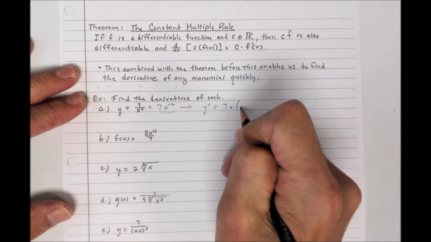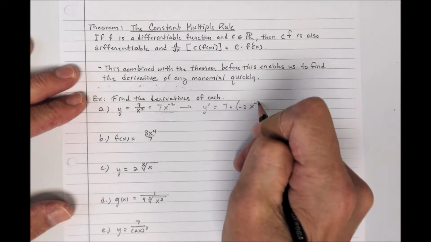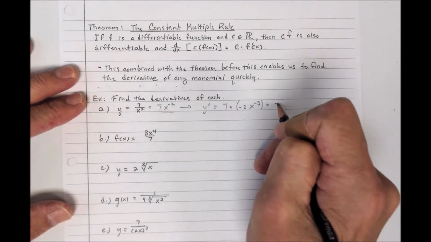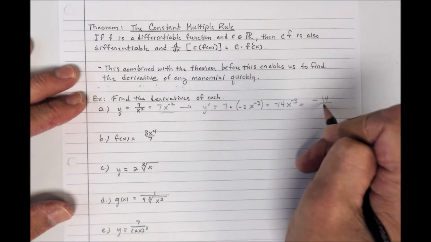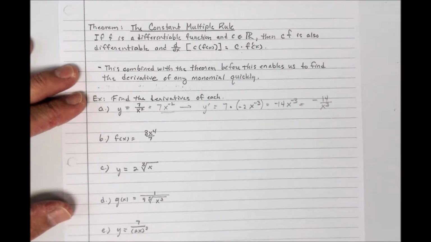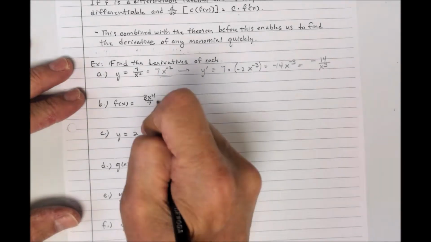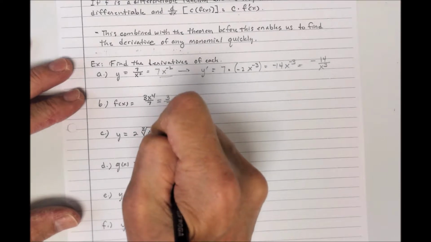That would be -2x to the -3. So I would have -14x to the -3, or better yet, -14 over x cubed. See how that works out nicely? That would have taken you quite a while using the definition. Now this next guy, I'm going to rewrite him as 3/7 x to the 4th.